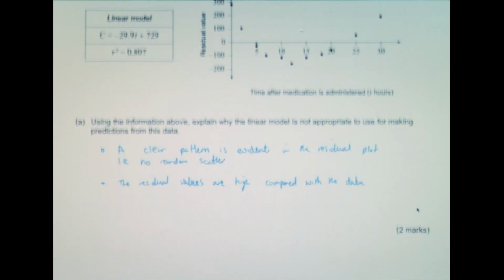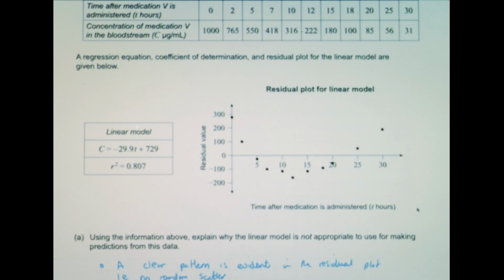Okay, last question. So we've got another medication question. We've got medication V, it's administered into the bloodstream, and we've got a table of recorded values. We have then produced a linear model equation, line of best fit equation, given an R squared value, and there's a residual plot being produced for a linear model.